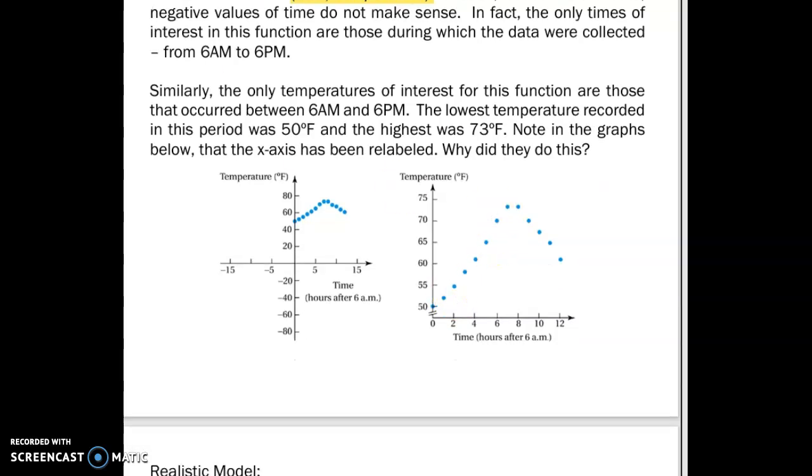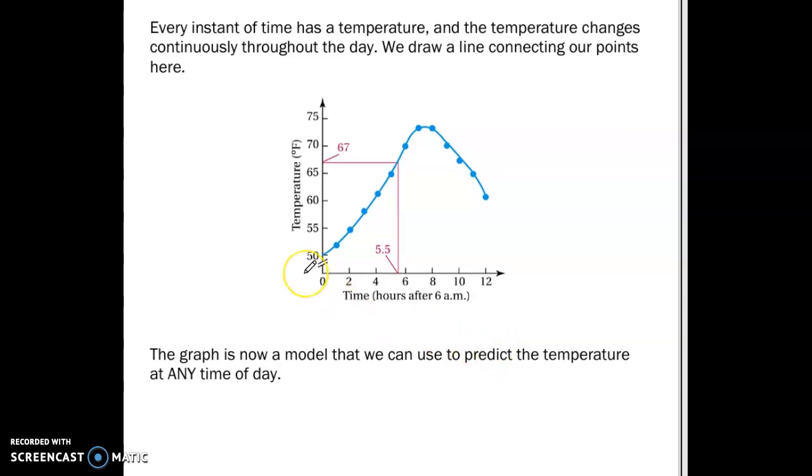But realistically, every time throughout the day, if we're talking about 12 p.m., 1 p.m., there is a temperature in between. So we can draw a line connecting the points like you see here. And the graph is now the model you can use to predict the temperature at any time of the day.